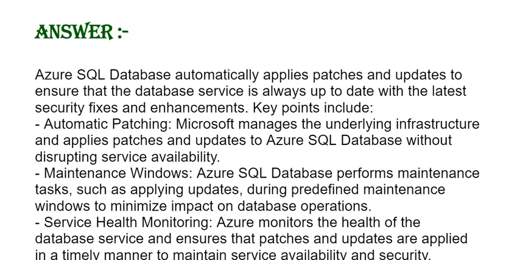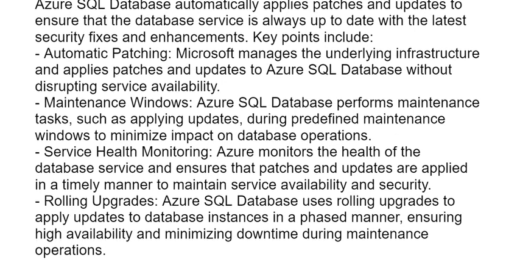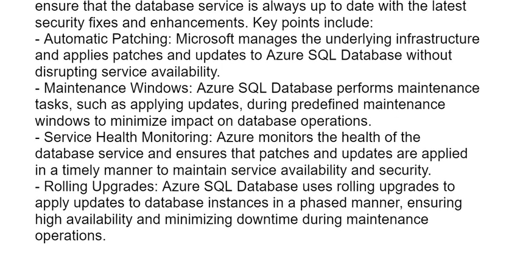Second one is maintenance windows. Azure SQL database performs maintenance tasks such as applying updates during predefined maintenance windows to minimize impact on database operation. The third one is service health monitoring. Azure monitors the health of the database service and ensures that patches and updates are applied in a timely manner to maintain service availability and security.